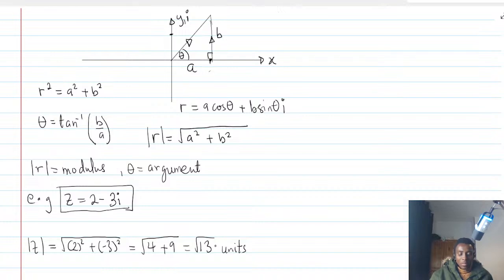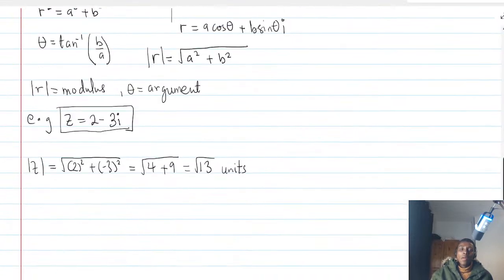And then if you want the angle, it's going to be tan inverse of b over a.